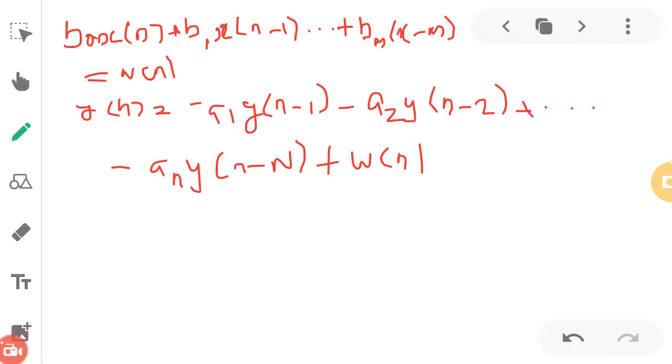Using this, this is equation number 2, and the previous one is equation number 1. Now we will realize equations 1 and 2 by using the direct form filter method.